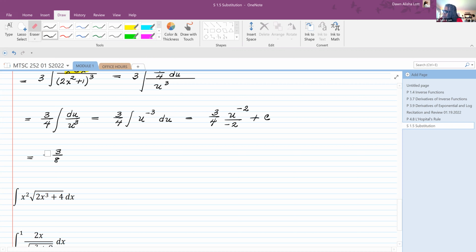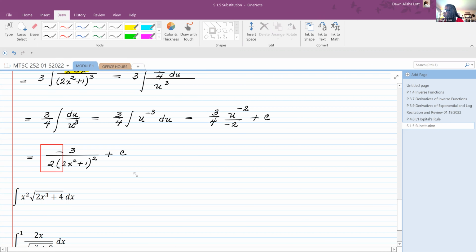So I'm going to write that as negative 3 divided by 2 times u, which is 2x squared plus 1 to the second power, plus a constant. So now I have an answer. Any questions?